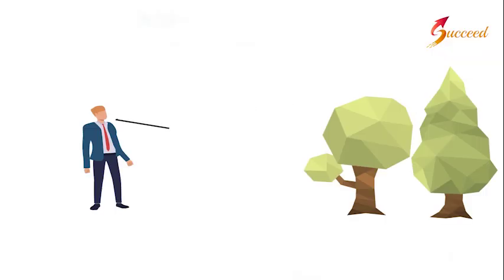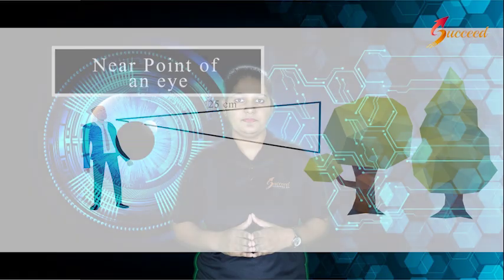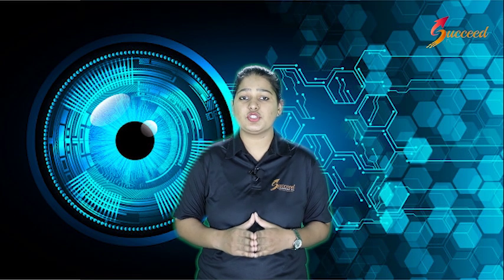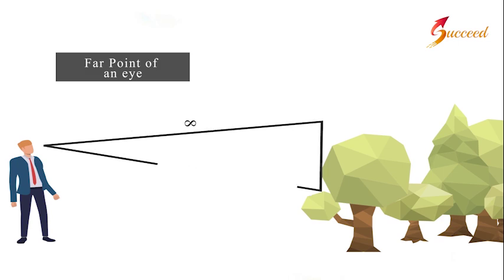This distance is also called as the near point of an eye, which is about 25 centimeters in normal human adult eye. The farthest distance to which a human eye can see is called as the far point of eye, which is about infinite in a human eye.